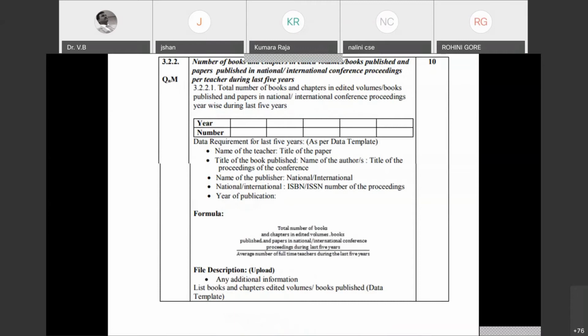What we mean here is that in case a staff has joined us only in the last academic year and he has published books or chapters previous to joining here, then it cannot be included here. So only that publication of which at the time of publication, the teacher was in that particular institution, it will be counted over here.